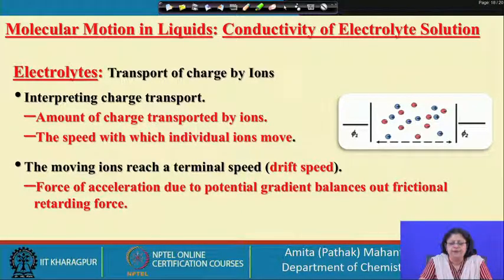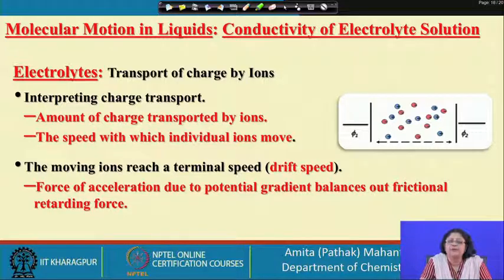Right. So, before we go into how the ions move, how much charge is going to be transported and at what speed, we are going to go into something very basic, as to what type of electrolyte system we are talking about, because we talked about various parameters which affect the specific conductance and the molar conductance.